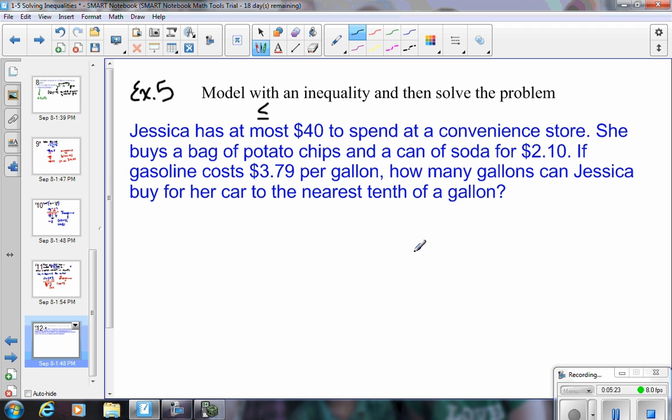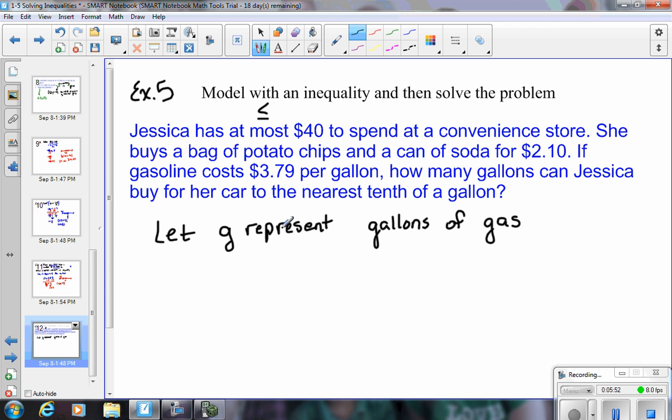If gasoline costs $3.79 per gallon, how many gallons can Jessica buy for her car to the nearest tenth of a gallon? So I'm going to define a variable, and since we're talking about the gas, the gallons of gas, I'm going to let G represent gallons of gas. Well, we're told that the gasoline costs $3.79 per gallon.